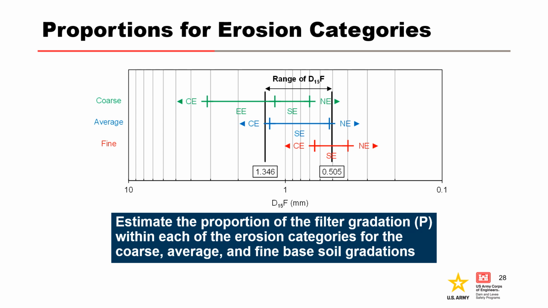The suggested approach is to estimate the proportions for continuing, excessive, and some erosion first, and then calculate the proportion for the no erosion category by subtracting the sum of the other proportions from 1, thus making the erosion conditions collectively exhaustive.